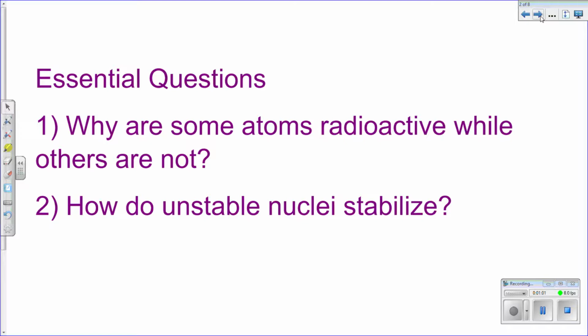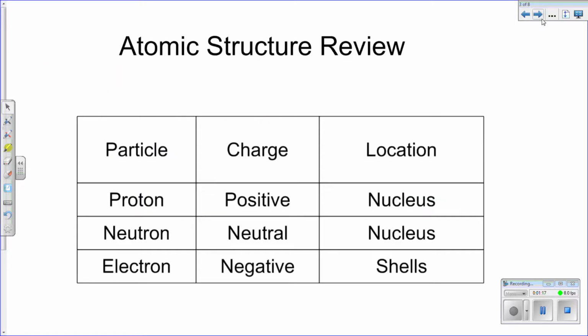Before we get to the graph, though, it's probably useful to review some key components of atomic structure. The key components of the atom are protons, neutrons, and electrons. Protons are positively charged, and they are located in the nucleus along with neutrally charged neutrons. Electrons are negatively charged, and they are located in the shells outside of the atom.